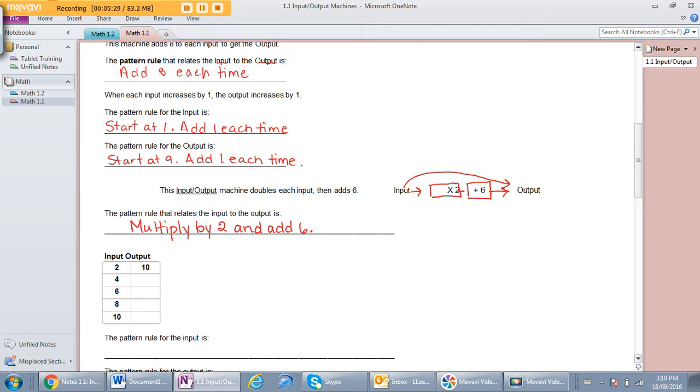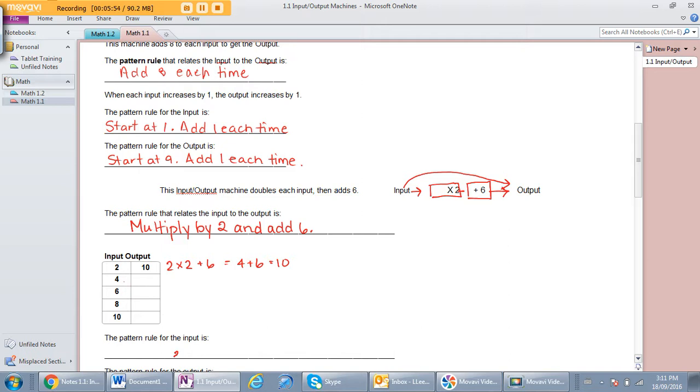So if I have a table of values down here and I'm starting with the number 2, I'm going to follow this pattern rule to help me figure out my output. So in this case, I'm taking 2 times 2 and adding 6, which gives me 4 plus 6, which then equals 10.